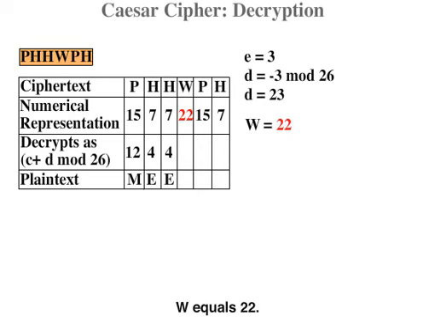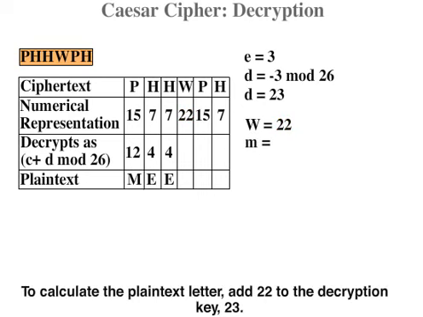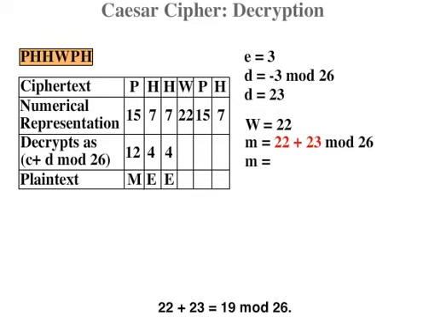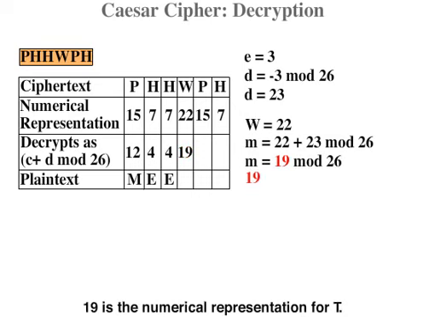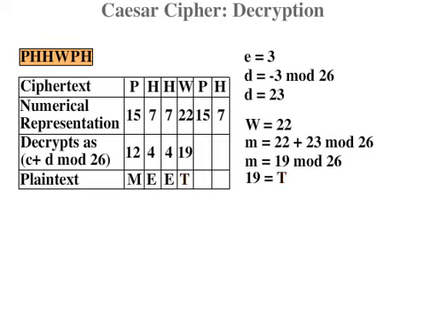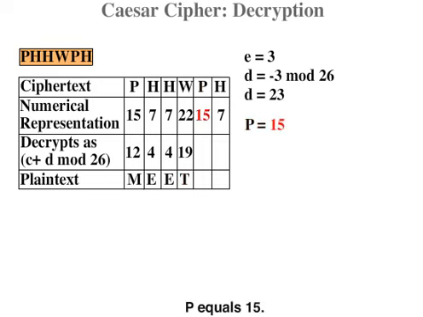W equals 22. To calculate the plaintext letter, add 22 to the decryption key 23. 22 plus 23 is 19 modulo 26. 19 is numerical representation for T. P equals 15.